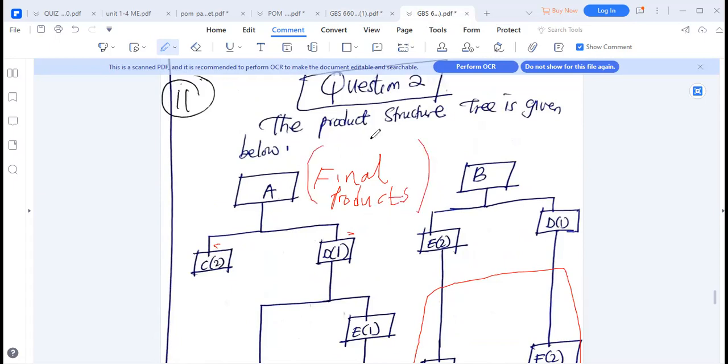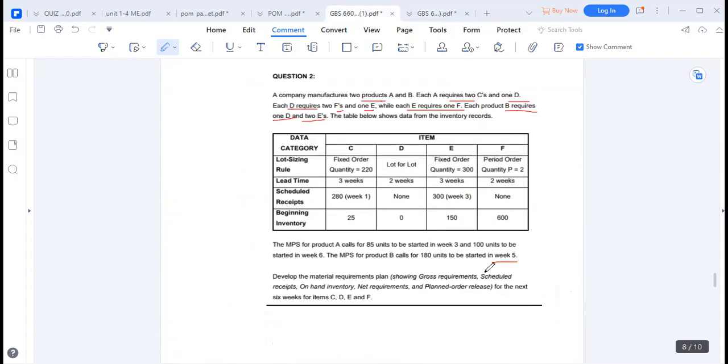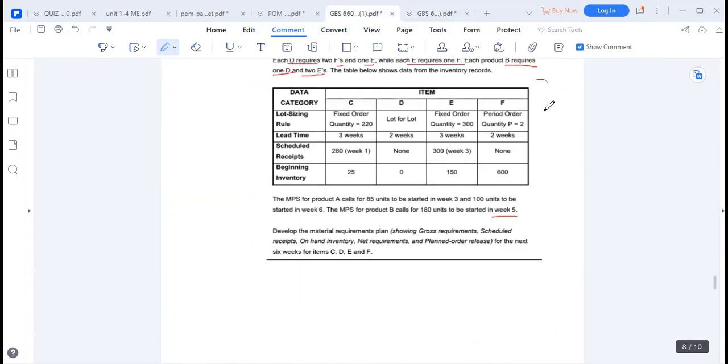Here, the question says we need to prepare the MRP record. This one is called the inventory status file.